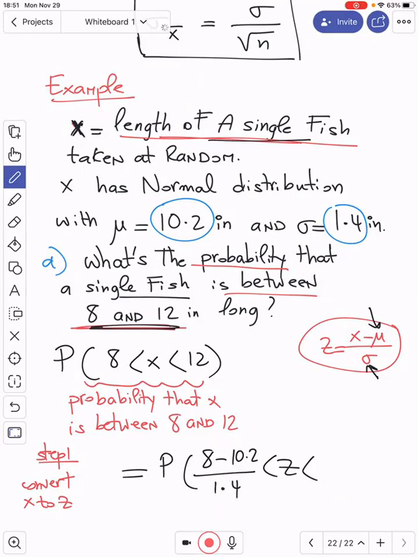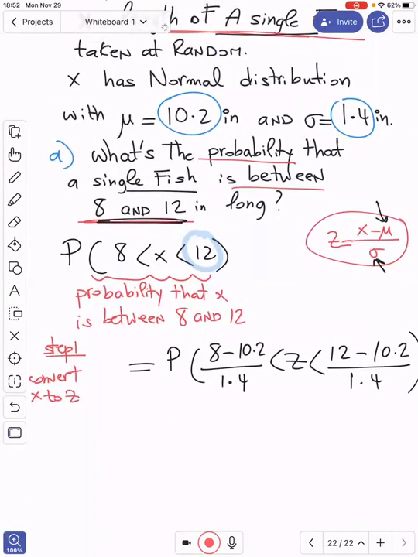Right? Now we need to convert the 12 to some value of Z. The 12, that's a value of X, right? So we need to convert this value of X, the 12, to some value of Z. Well, to convert to some value of Z, we need to subtract the mu, the mean, which is again 10.2, and divide by the sigma, which is 1.4. That's what we did in the previous section 7.3.